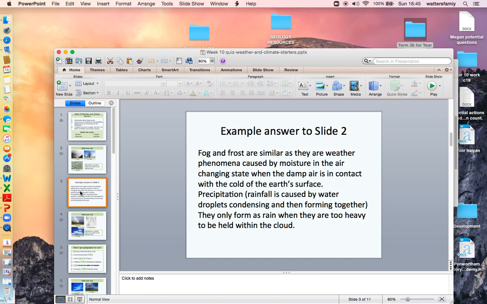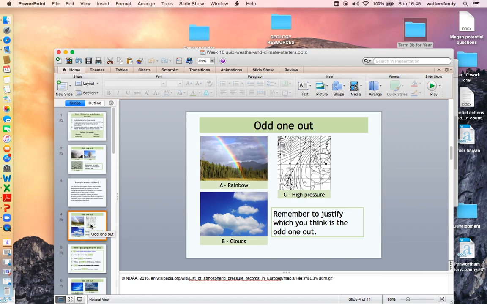Whereas precipitation is actually rainfall, and that's caused by water droplets actually not being held within the cloud. So the cloud itself doesn't have the strength to actually hold them in, and therefore it's going to rain because it's too heavy.